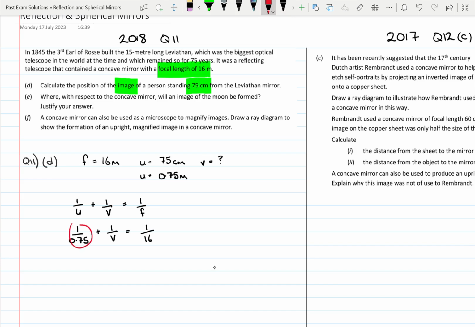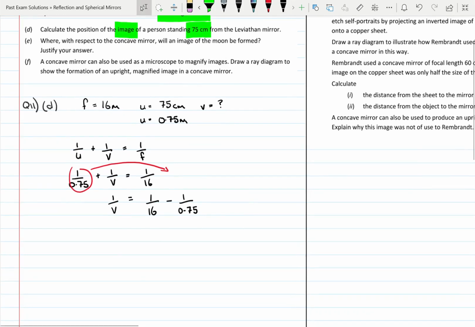We're going to take 1 over 0.75 and take it to the other side of the equal sign. So we have our unknown on the left hand side of the equal sign, and we have all our known values on the right hand side. We should also note, when you take something across an equal sign, it changes sign. So that becomes minus 1 over 0.75.